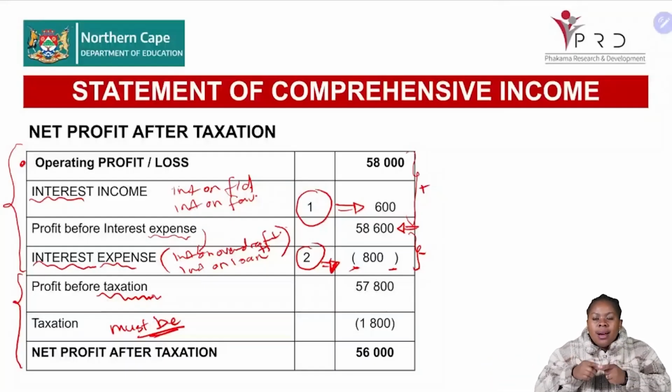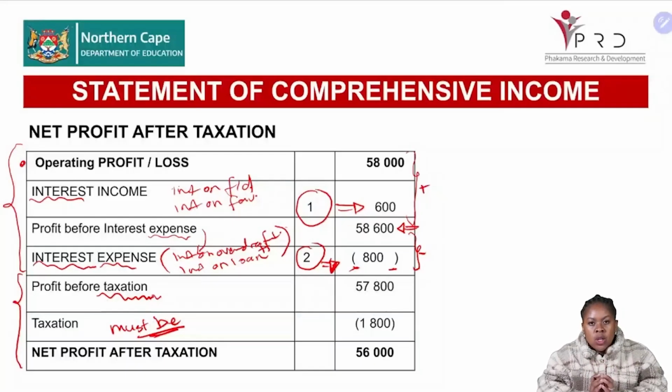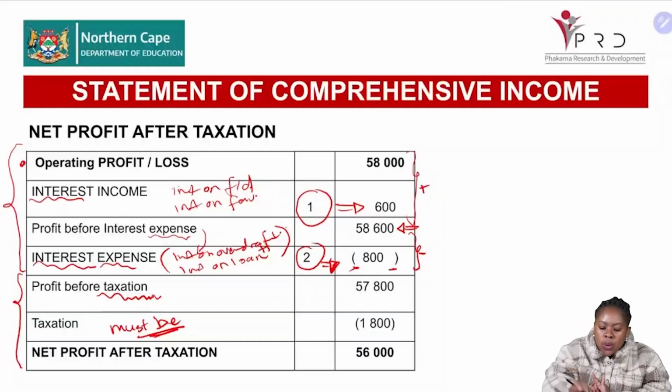Then you have to do a calculation that is only relative to this financial year. So the provisional payments is what you've paid, plus what you owe will give you your income tax for the year.